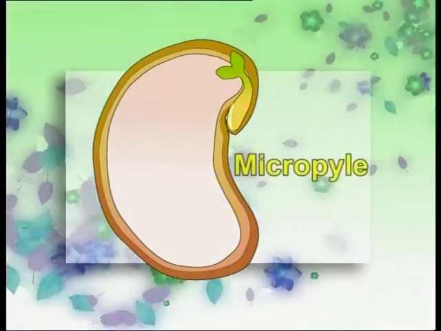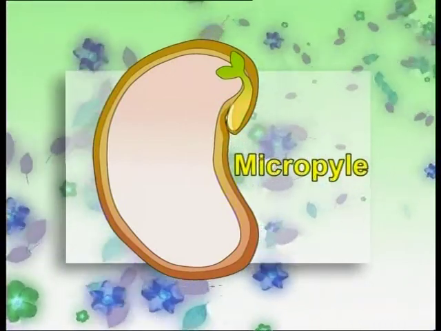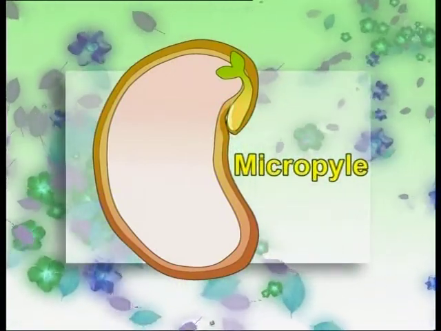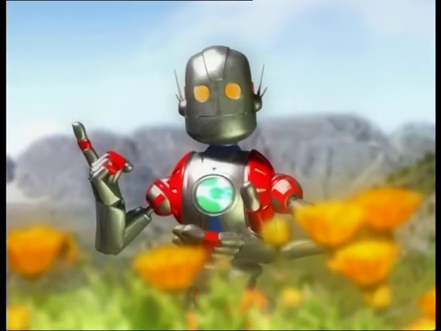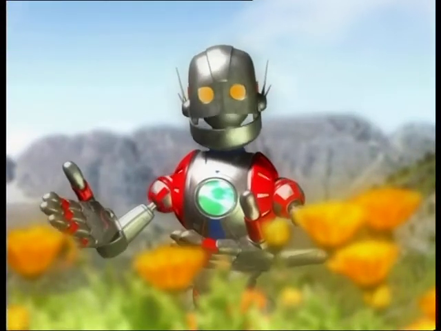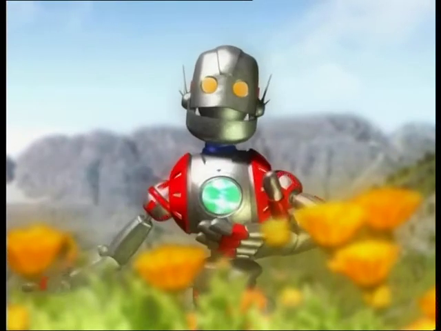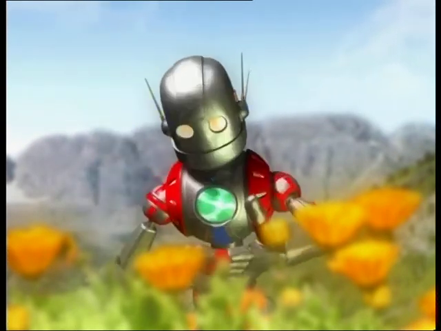The micropyle is a small opening through which the pollen tube enters. Ripe seeds will only germinate when they are exposed to favorable environmental conditions.